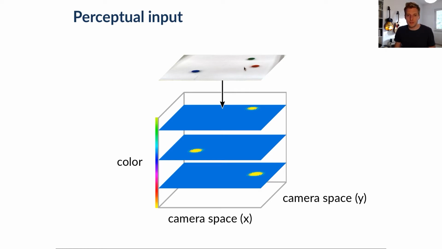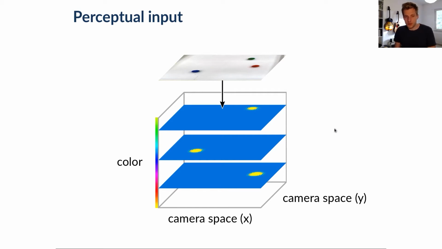And then you can see that the colors of the objects determine where along the color axis the peaks of these objects stand. So the green object is here where the green colors are, and blue objects are down here in this slice. So whenever there's a colored object in the scene, you would have a peak in this field.